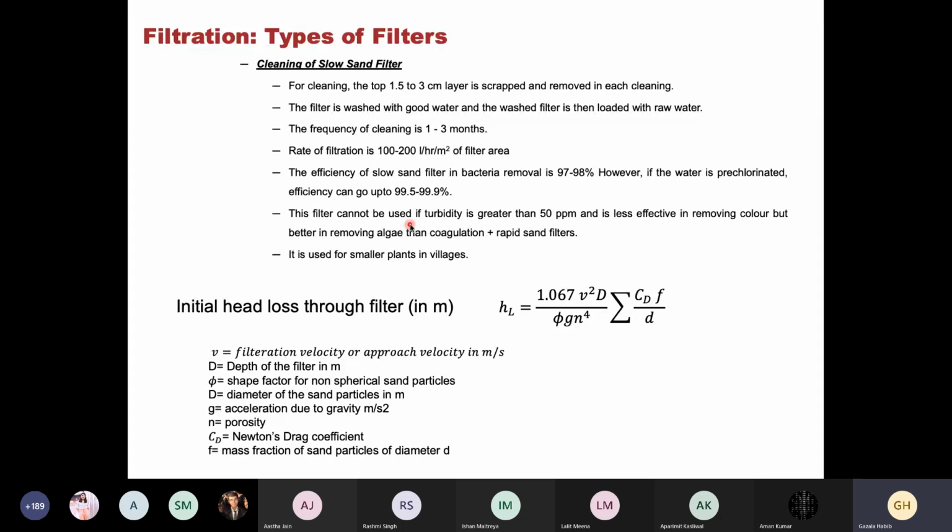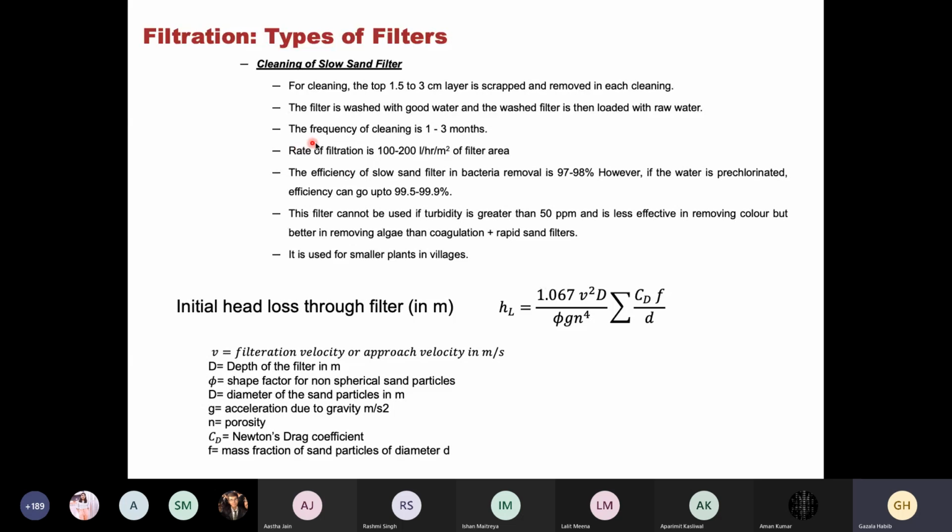Generally, the water required for washing is also considered in designing the water treatment unit. Whatever is the demand of the water, other than that, additional water should be available for cleaning purpose in the water treatment plant. The frequency of cleaning is 1 to 3 months.